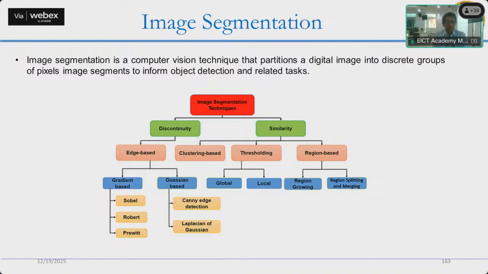But in segmentation, you are creating the boundary, and from the boundary you are taking that part. And why do they do it? Basically to inform object detection and related tasks.